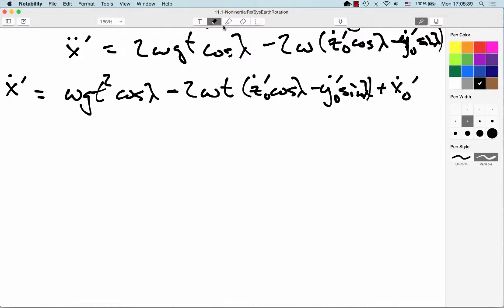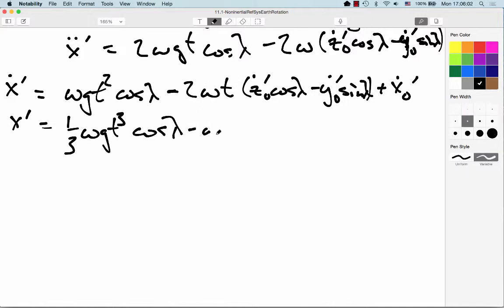All right, and then to get our x, we need to integrate this one more time. So this will give me x prime is equal to, integrating that will give me 1/3 omega gt cubed cos lambda. Integrating this will give me 1/2 t squared, but I got 2.